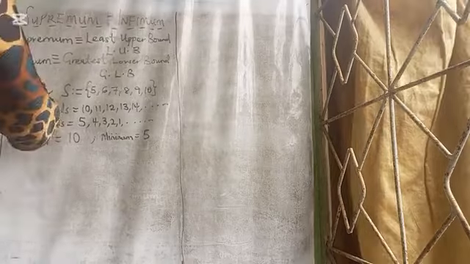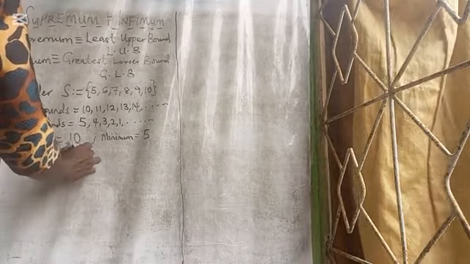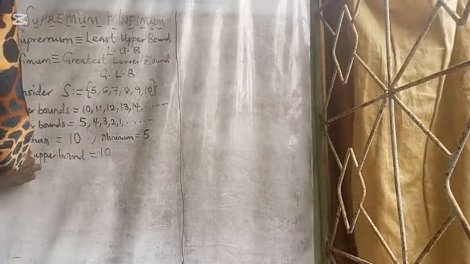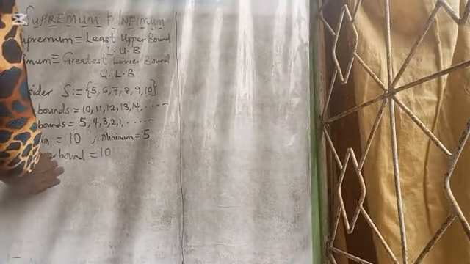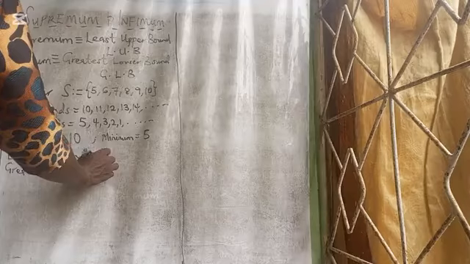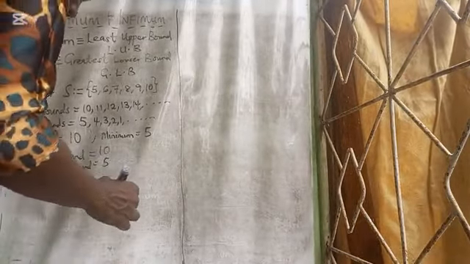Now, in terms of this, what will be our least upper bound? The least of the upper bounds is 10. And the greatest lower bound is 5. Let's express what I'm saying on the number line.